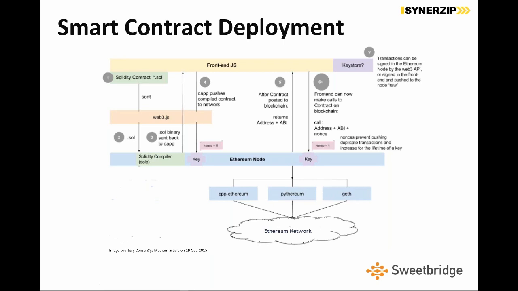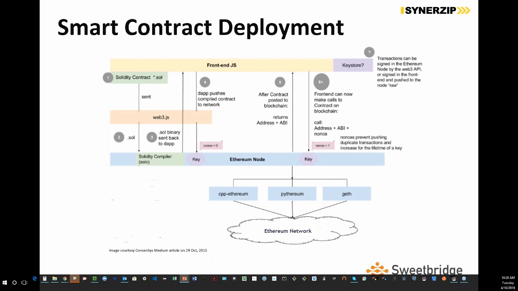It posts it and then it returns the address. Once you post a smart contract, you get an address back, and that address is public. You can post it anywhere, on Facebook, or anybody can go query it and see what that smart contract is. They can also see the bytecode for that smart contract. So all that's in public display.